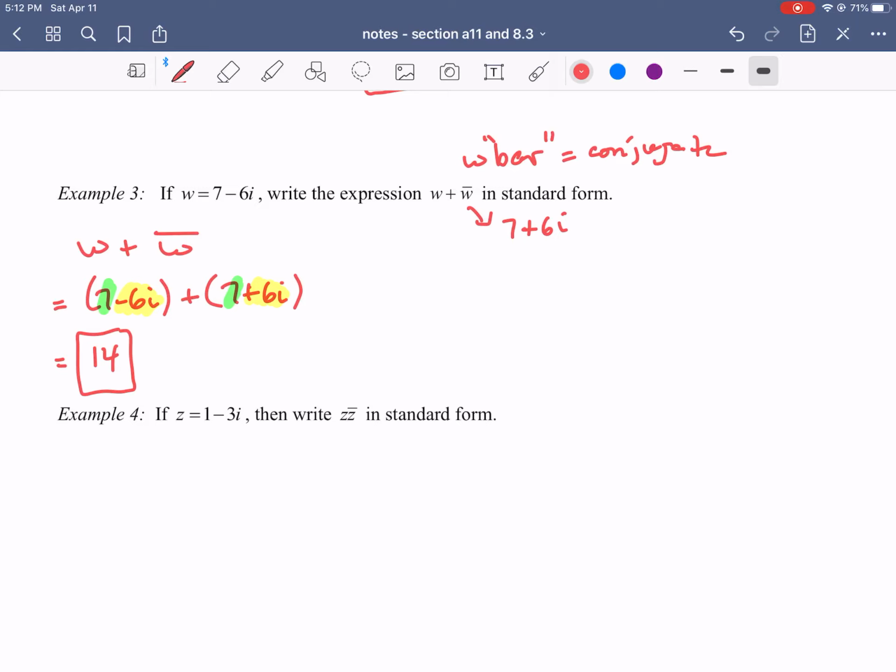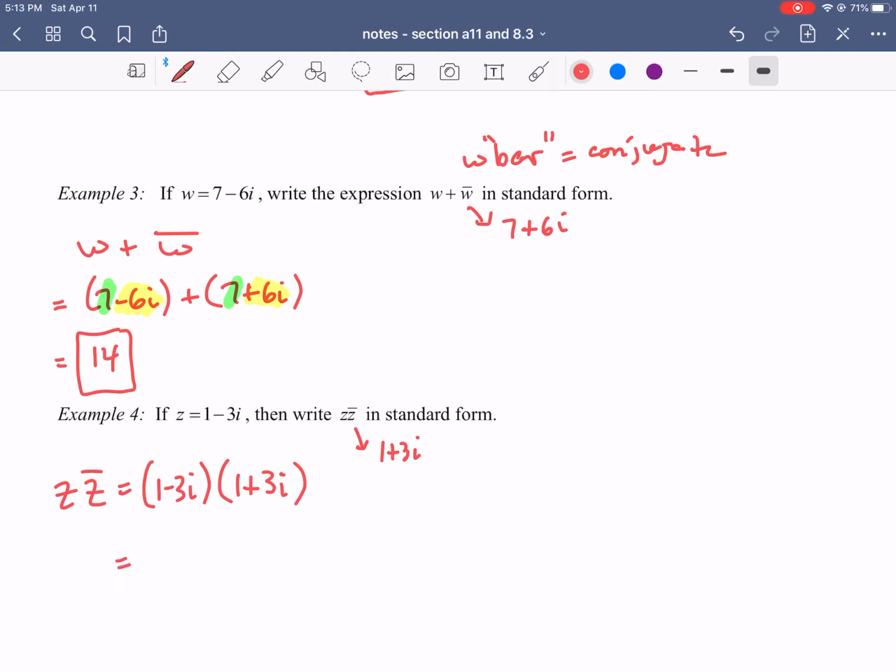Okay, in example 4, we're wanting to take the imaginary number 1 minus 3i and multiply it by z bar, which again would be the conjugate of z, which in this case would be 1 plus 3i. And so whenever we write that we want to multiply z by z bar, this is going to equal our definition in this problem for z multiplied by the conjugate of z.